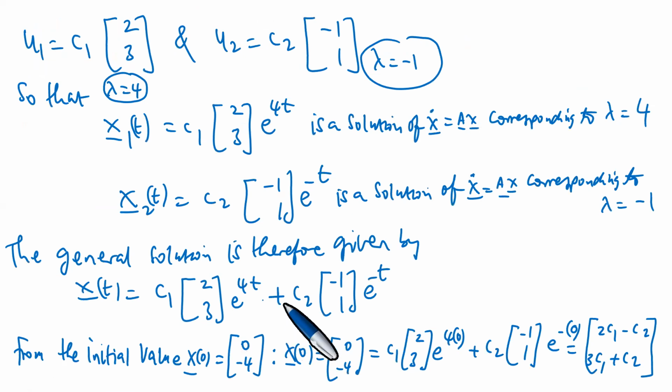So we got everything, the C1 and C2. We can substitute everything into this here. If we substitute everything into that one there, C1 and then 2 and 3 for e to the 4t.